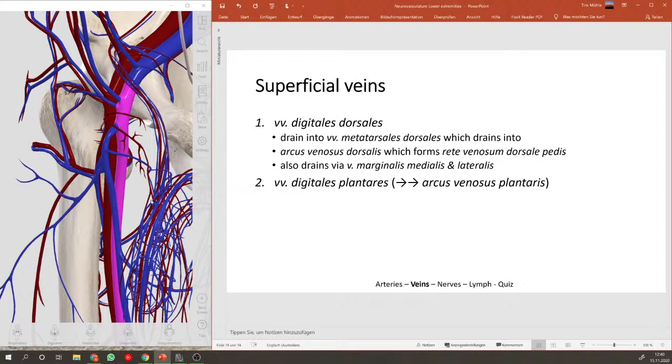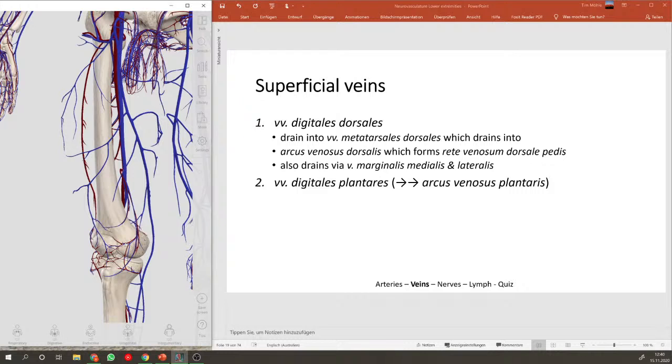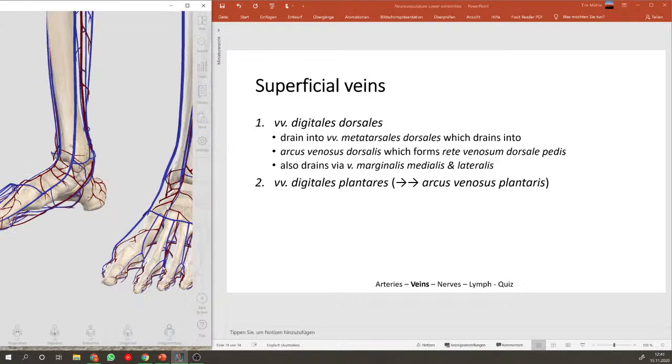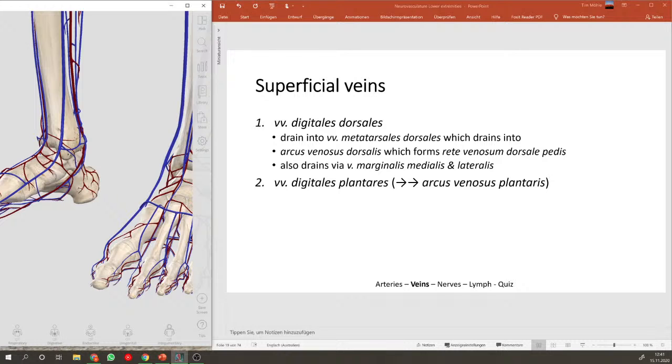Now, superficial veins are mostly, or actually all of them, in the subcutaneous tissue, and those are the ones that you can also see from the outside. So let's start with the dorsal digital veins. Dorsal digital veins will be those ones here.